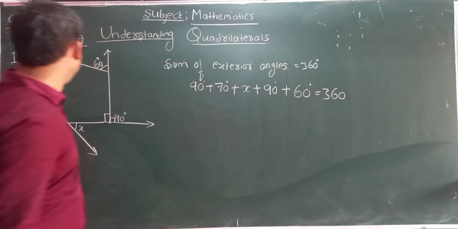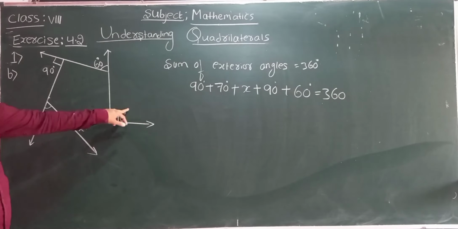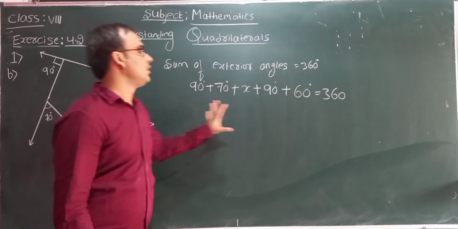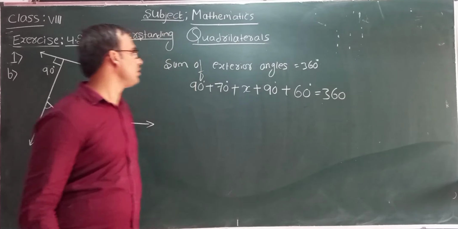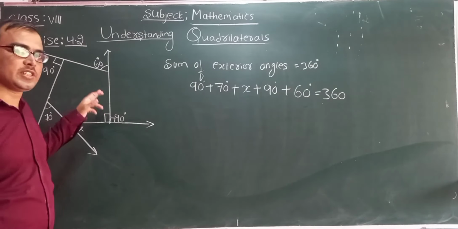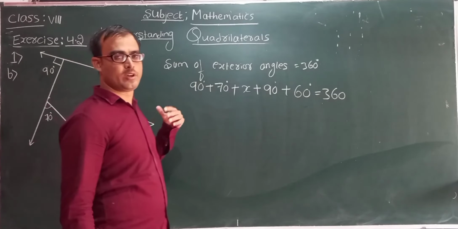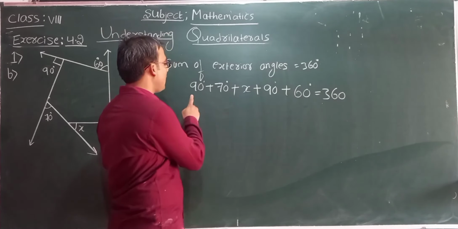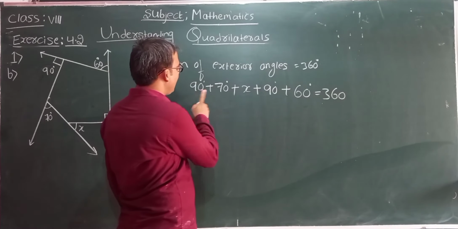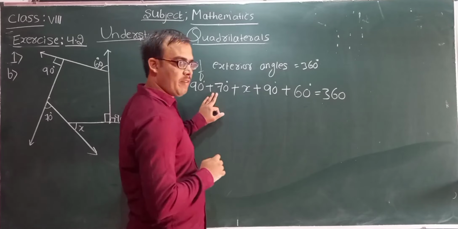Why 360 degree? Because these are the exterior angles and the sum of exterior angles of any polygon is what? 360 degree.